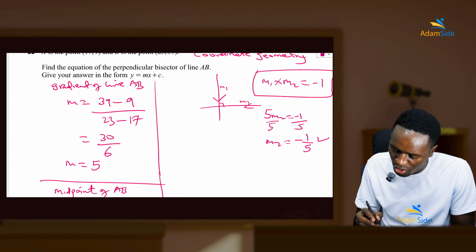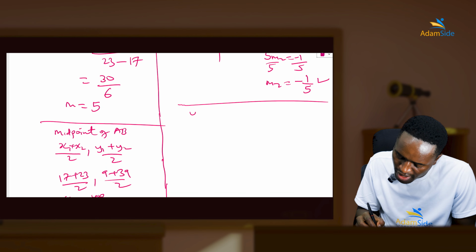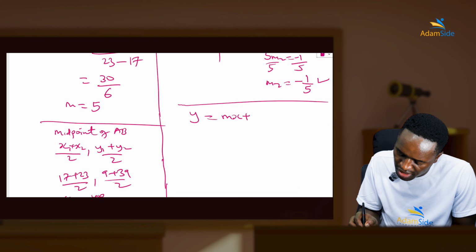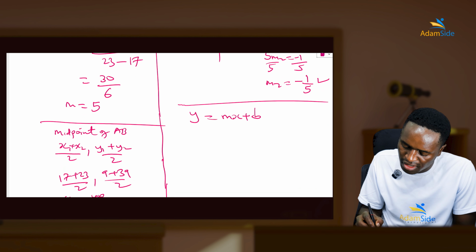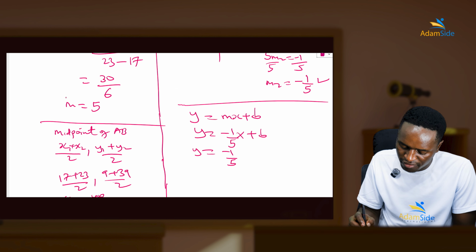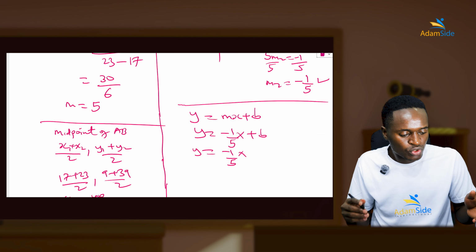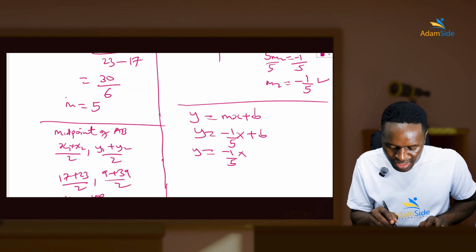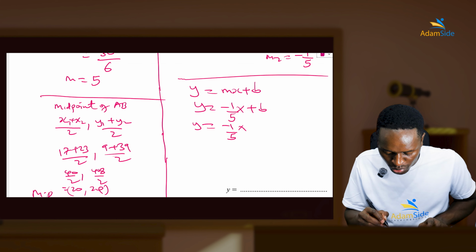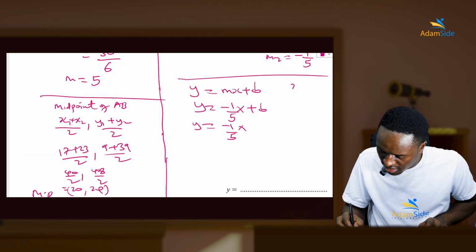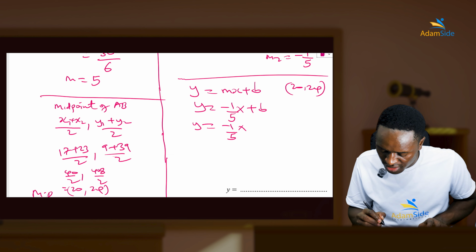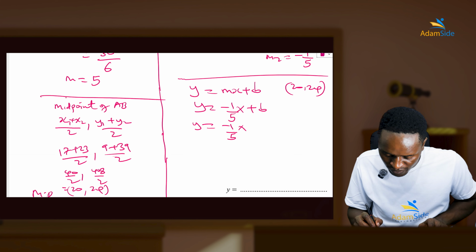Correct. Therefore, we go to the equation y is equal to mx plus b, or c. So y is equal to negative 1 over 5 x plus b. Now we can choose any of the points, so we are going to use the midpoint, 20, 24, to make the equation. So y is 24.